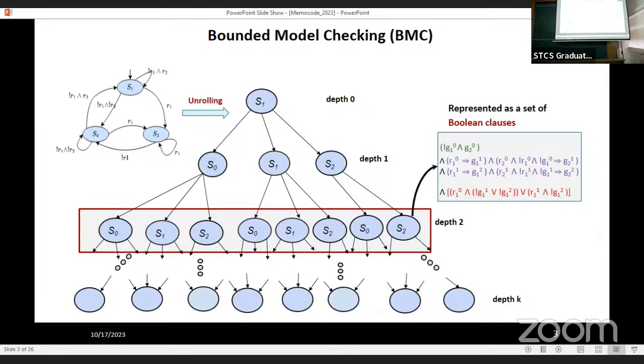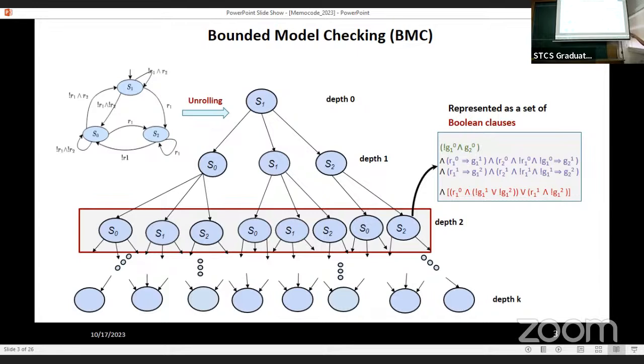Where do these formulas show up from? Corresponding to each depth, it starts creating new variables. Any state in my transition system is represented by 2 state variables, G1 and G2. So corresponding to each depth, it creates these variables, G1 annotated with the time 0, G2 annotated with the time 0. This is what represents the initial state.